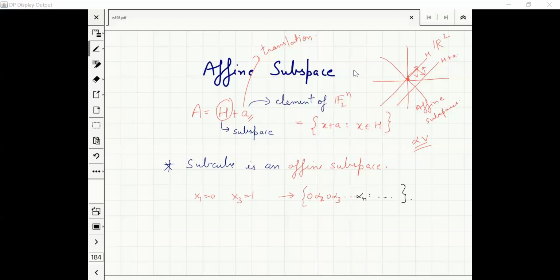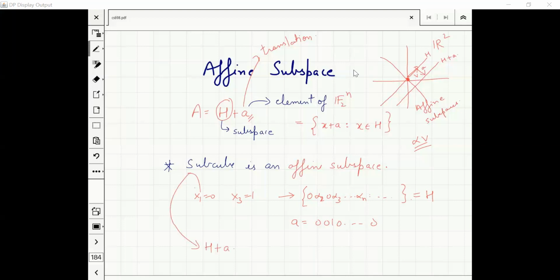This is my subspace H. And what is a? Having x1 as 0, x3 as 1, all of the other bits are 0. Correct. This is my a. And then this subcube is H plus a.